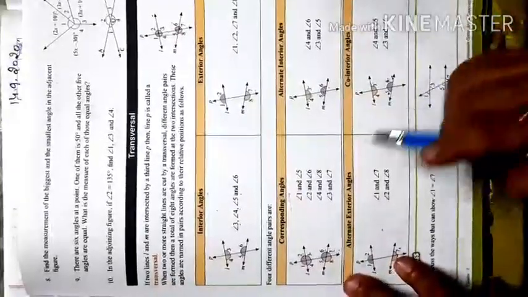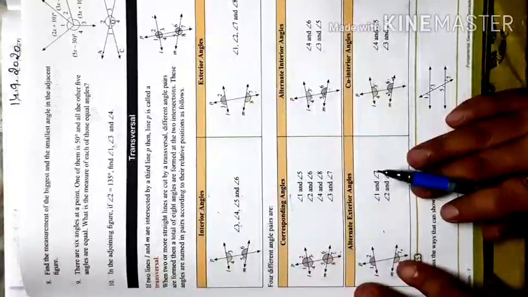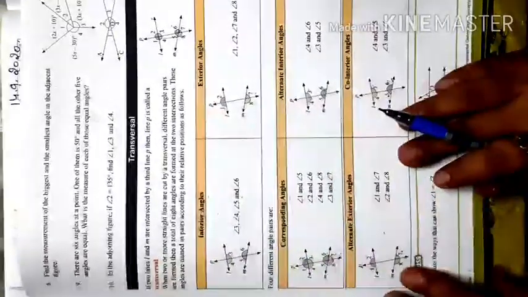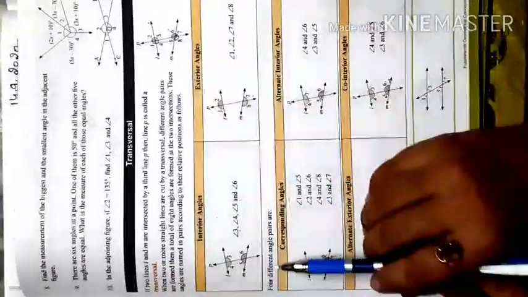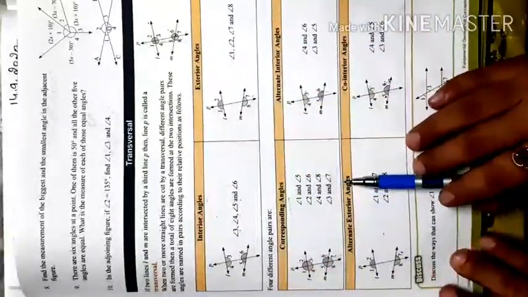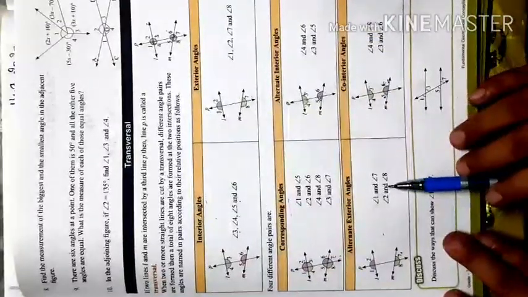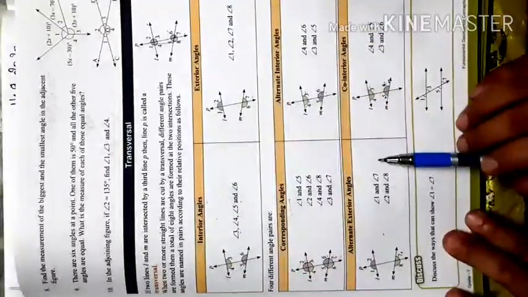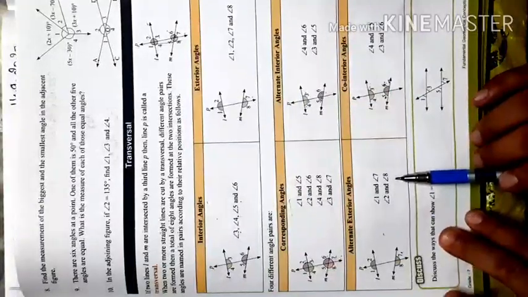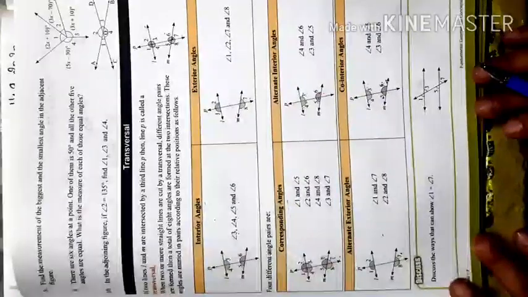But if my lines are converted into parallel lines, then the marks change to equal signs. Angle 1 is equal to angle 7, angle 2 is equal to angle 8, only in that case, if the lines are parallel to each other.